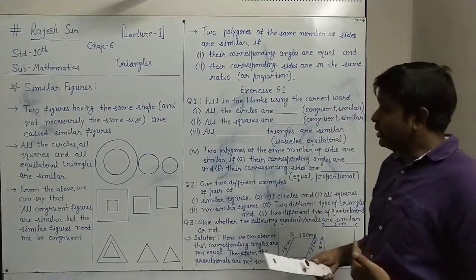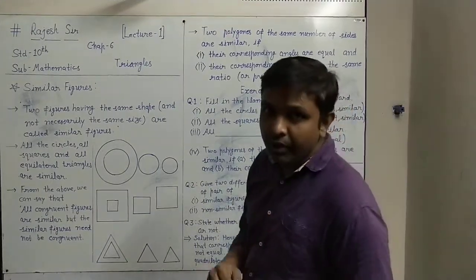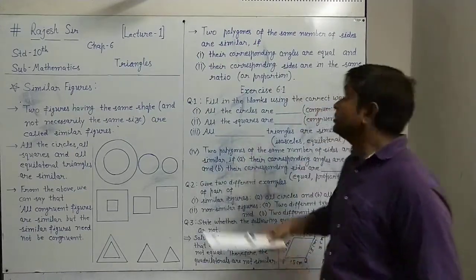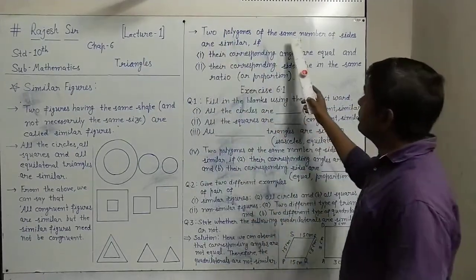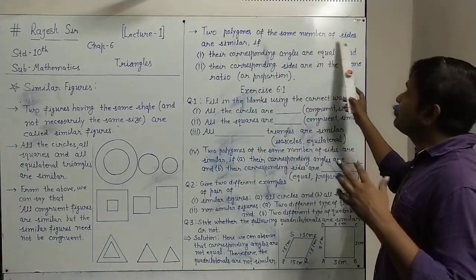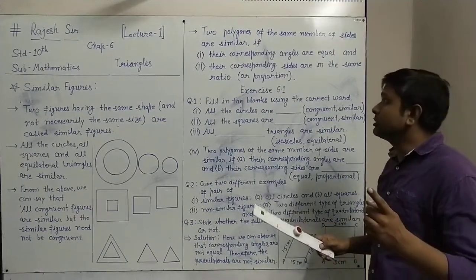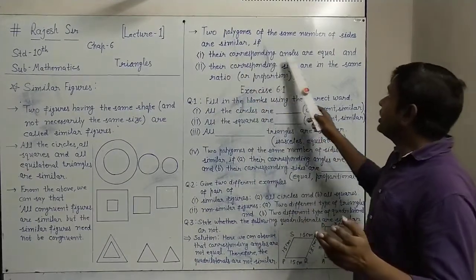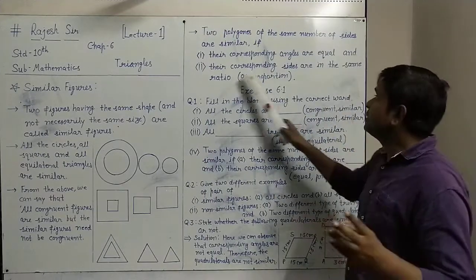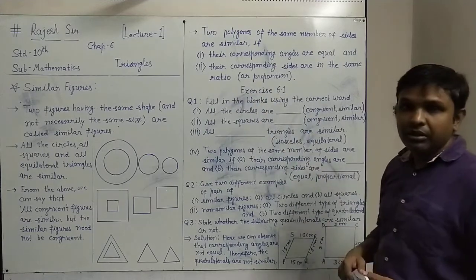Now, after seeing these examples and understanding similarity, we'll try to define similar figures. This is the definition of similar figures. Two polygons of the same number of sides are similar if, condition number one, their corresponding angles are equal, and condition number two, their corresponding sides are in the same ratio, or you can say in proportion.